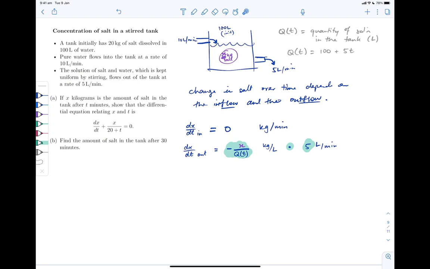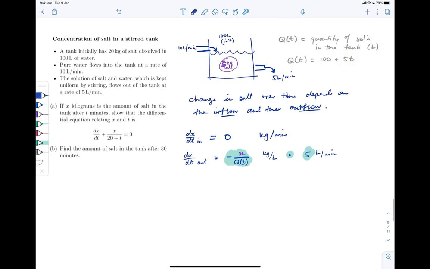So we've got our 5 litres a minute times minutes gives us litres, plus litres is litres. Okay. So this is negative x, or I can multiply by the 5, negative 5x over... now I've just realised, I'm sorry, I am going to remove the negative from here and bring it in later instead.